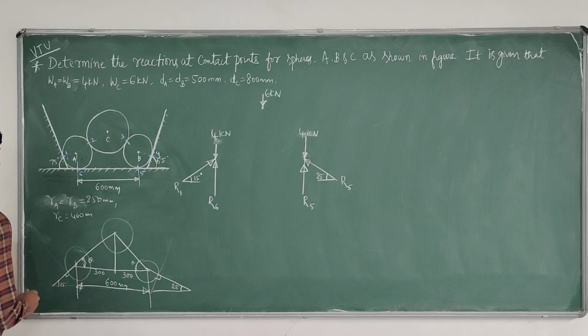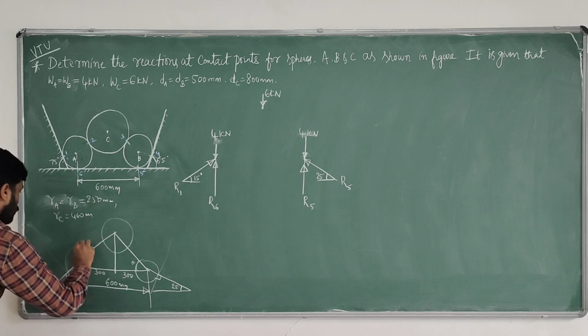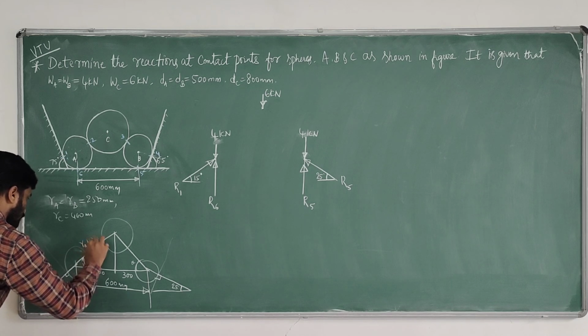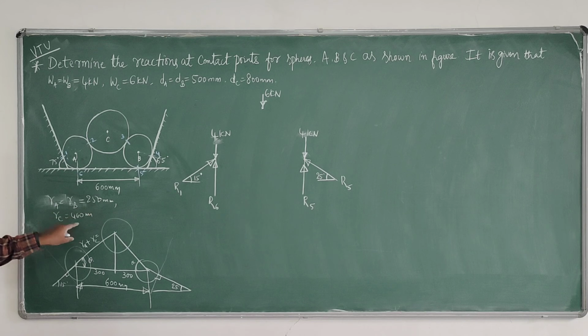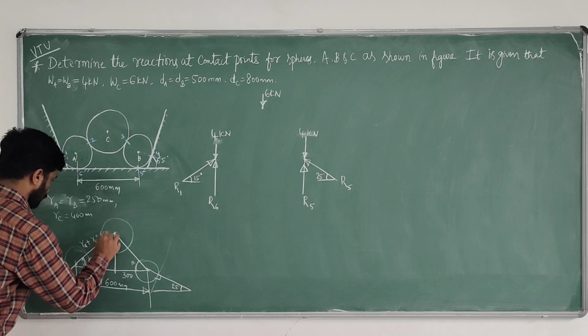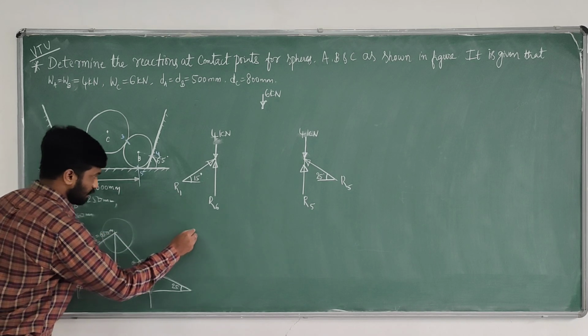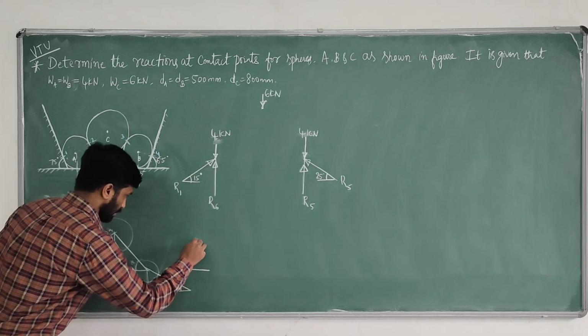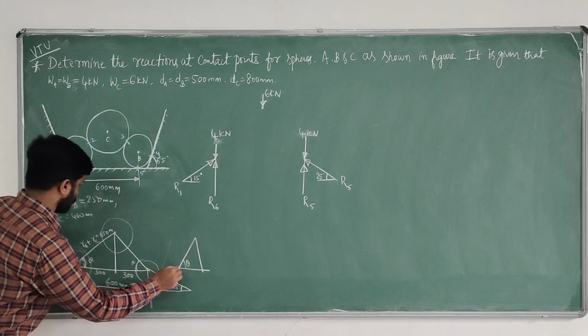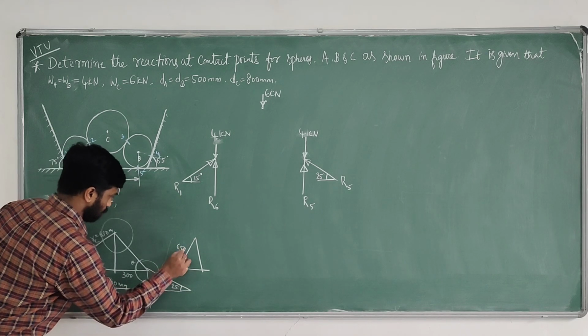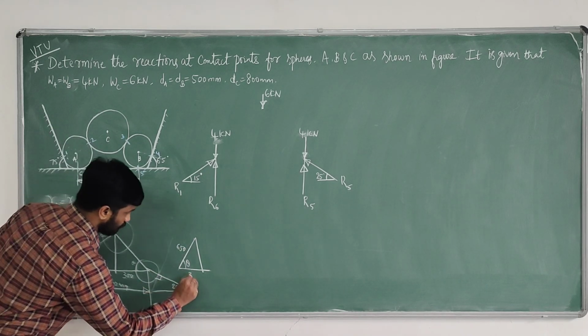So this length is RA plus RC, which is 250 plus 400, that is 650 mm. In the triangle, this is theta, the hypotenuse is RA plus RC, 650, and this side is exactly half, 300.